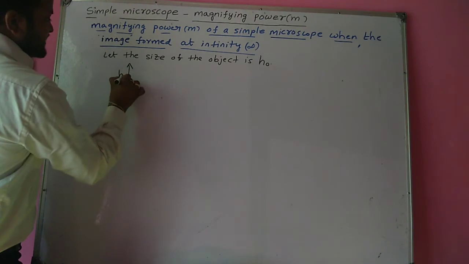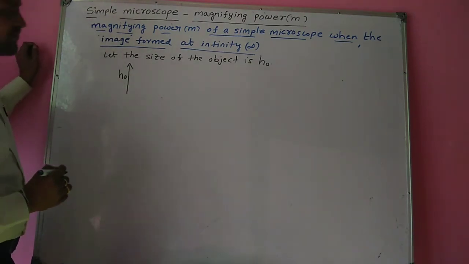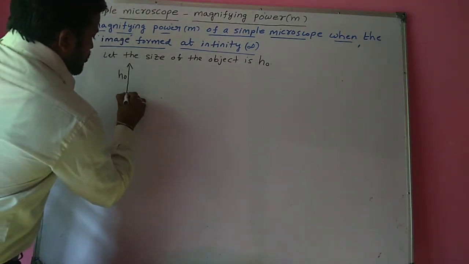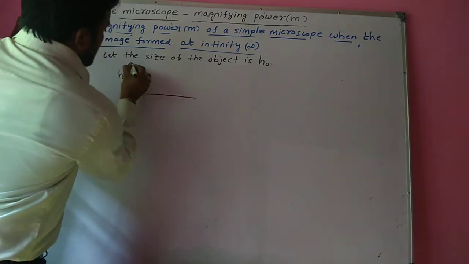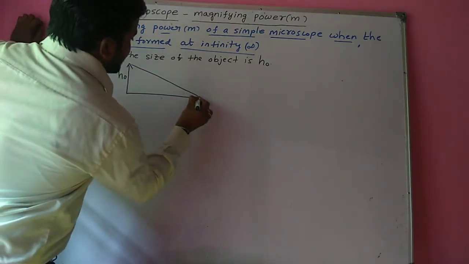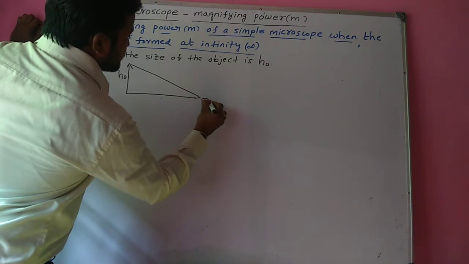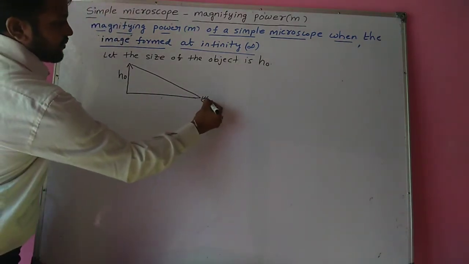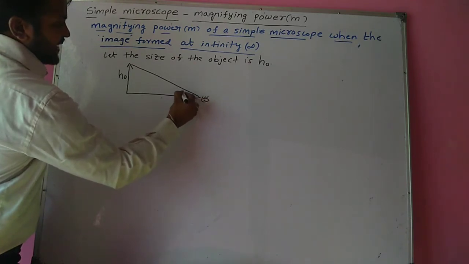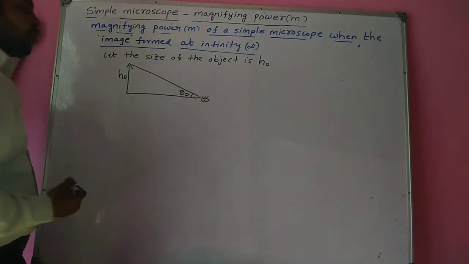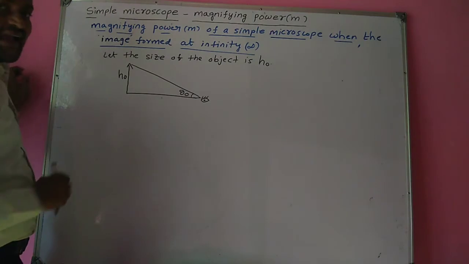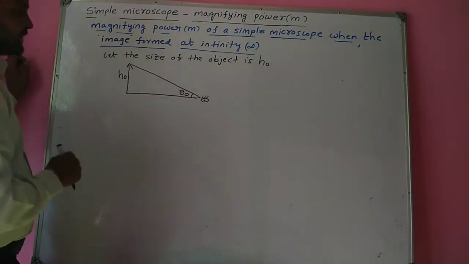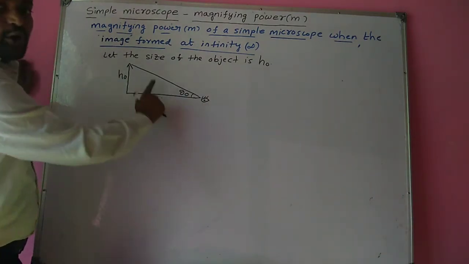The height of the object is HO. Now, this is the eye. This is the angle made by the object, theta O. Theta O is the angle made by the object. Now we are seeing with the naked eye without any lens here.